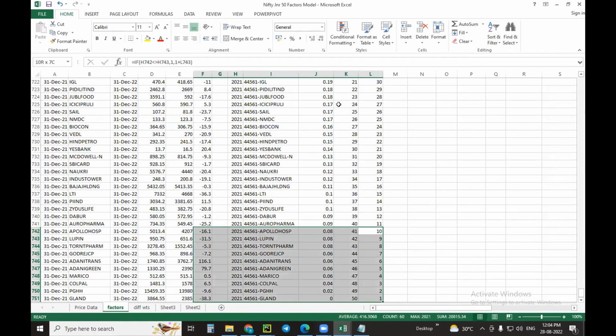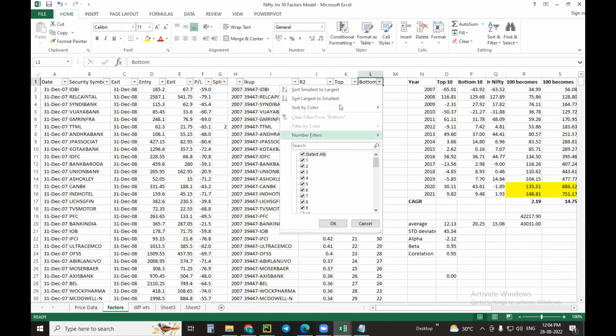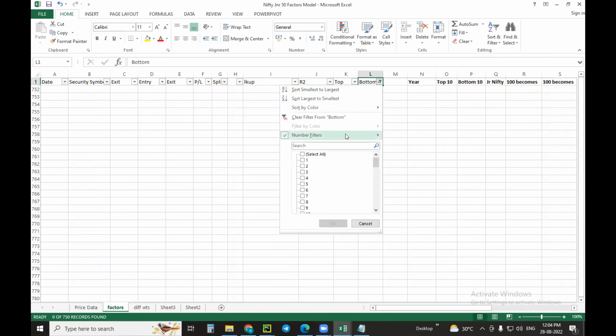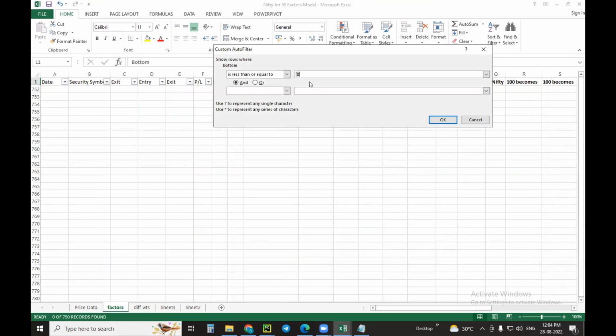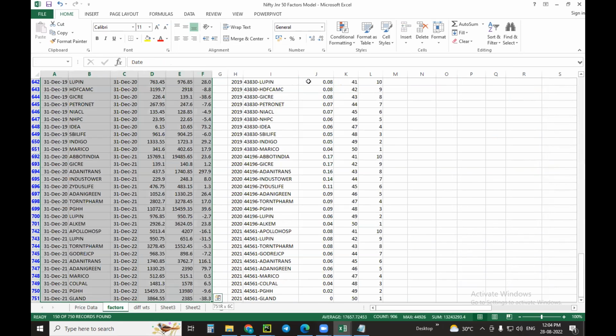No, filter. Yes. Number filters less than or equal to 10. Yeah. Get this A, B, C, D, E, F. Paste it in notepad and paste it in different weights.